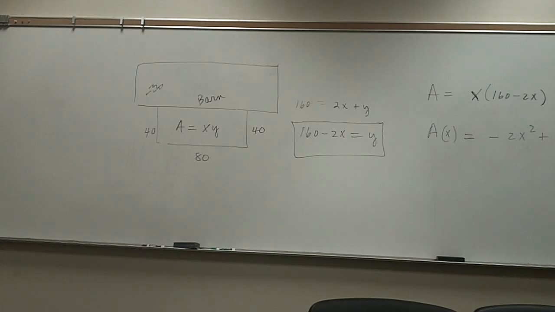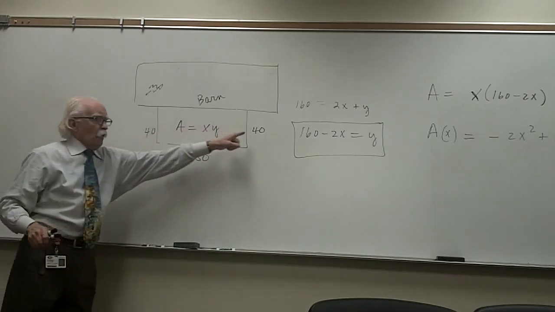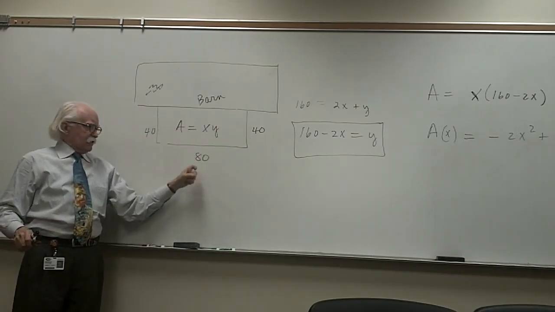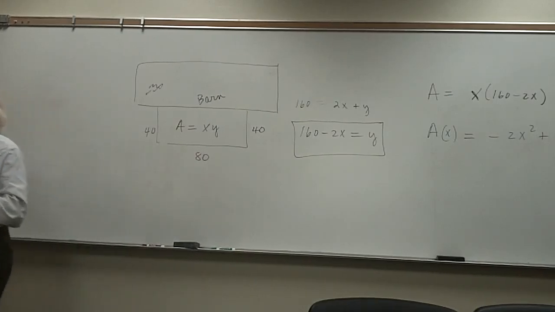There's an x value that makes it maximum, and we found that to be 40. So when x is 40 and 40, that makes this 80. Make it any other way, and I promise you, you won't get 3,200 square feet. You'll get less in a rectangle.